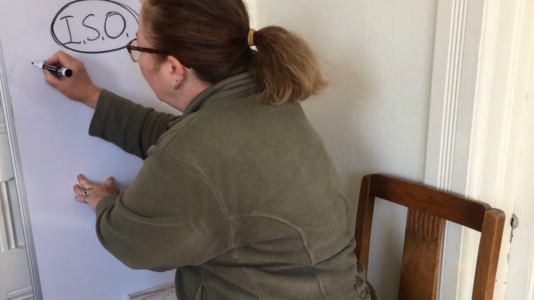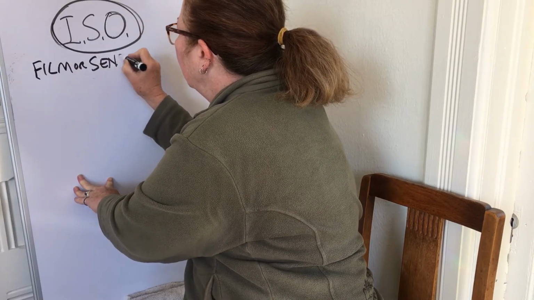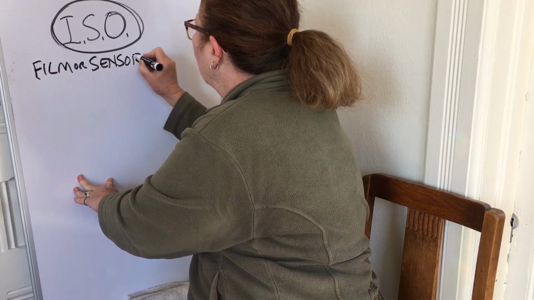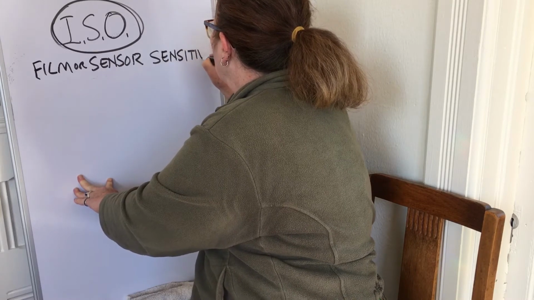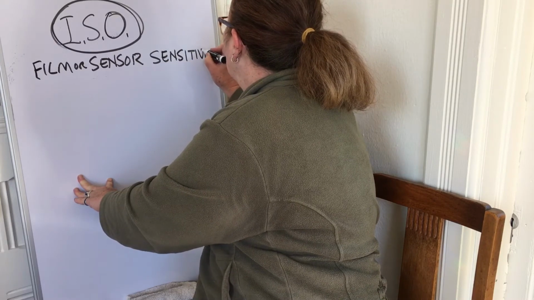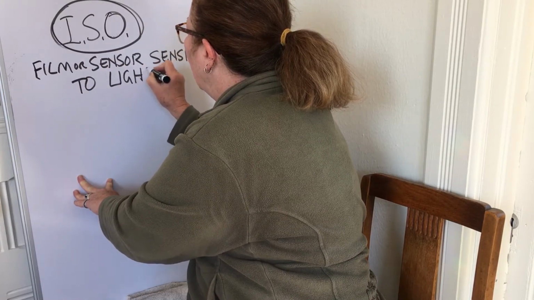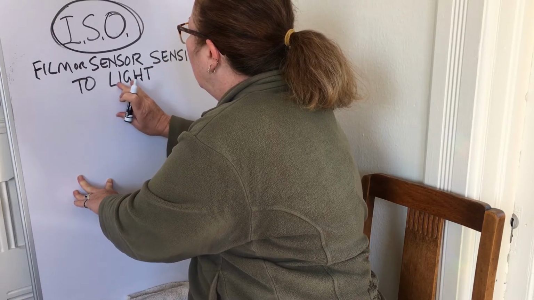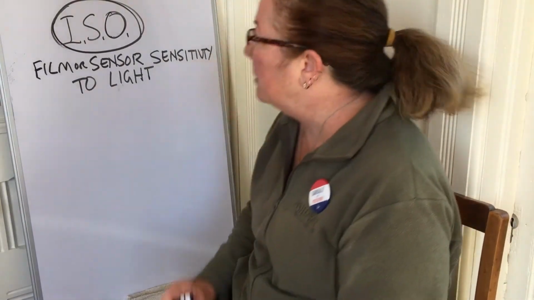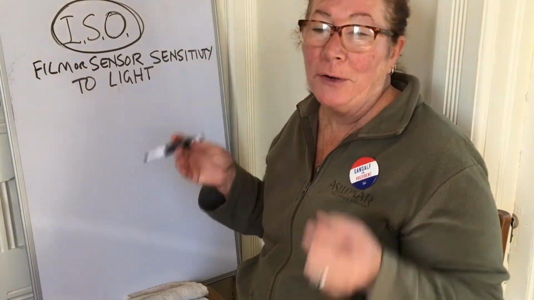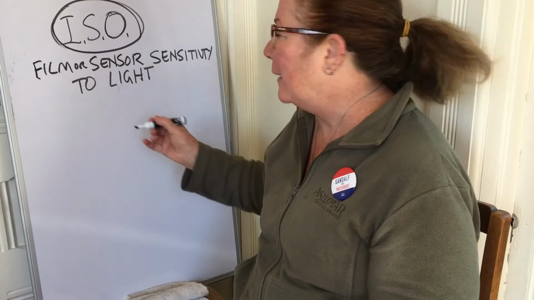The ISO describes your film or sensor's sensitivity to light. That's all it is. It's just how sensitive the film is to light. And guess what? Like everything in photography, it's represented by numbers. Sometimes you'll hear people call this the film speed.